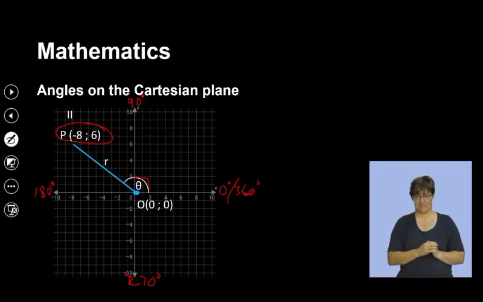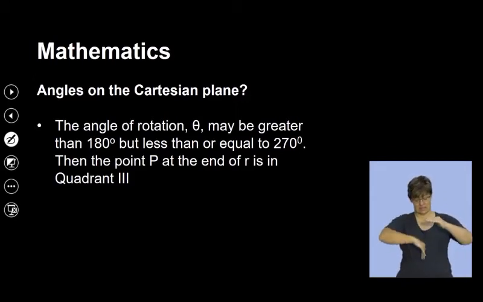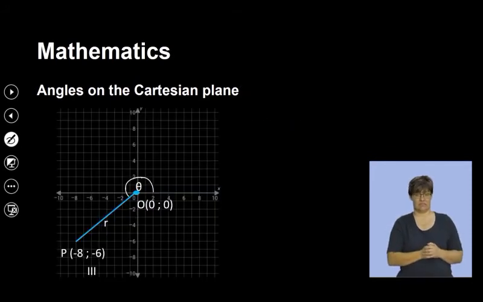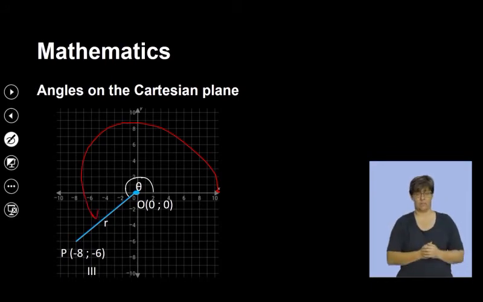Now, if this angle is greater than 180 but less than 270, the point P will be placed in quadrant number 3. In quadrant number 3, this is how it will look. Remember, we start from here and we move in an anti-clockwise direction like that.